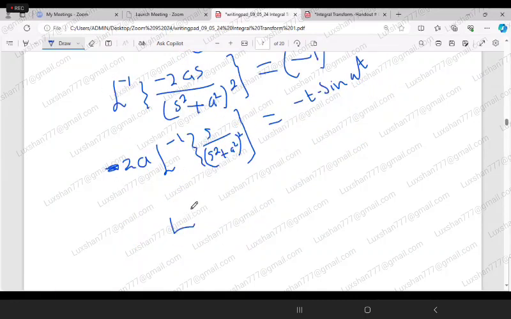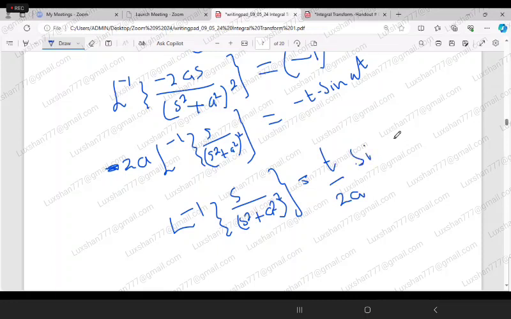Therefore, we can have the inverse Laplace transform of s over (s squared plus a squared) all squared equal to, that minus cancels with this minus, we have t over 2a into sin at.